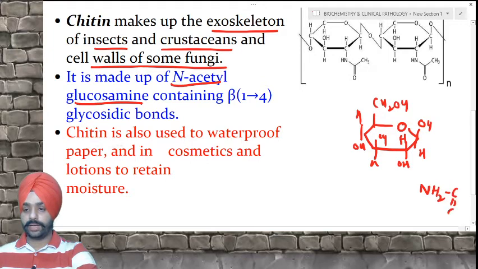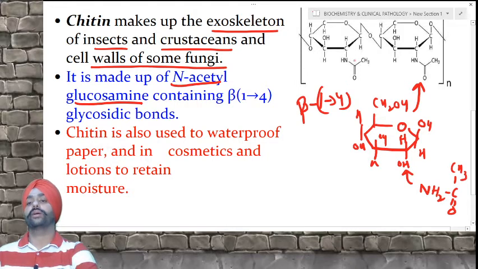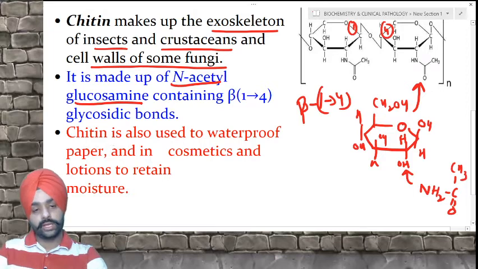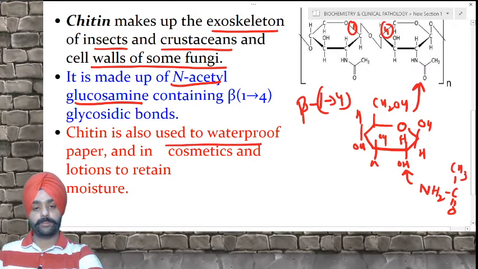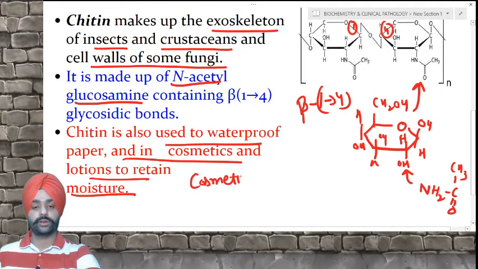An N-acetyl amine reacts here to form N-acetyl glucosamine, and for the formation of chitin there must be a beta 1,4 linkage between N-acetyl glucosamines. See here, this is the first carbon and this is the fourth carbon. Chitin is also used to waterproof paper and in cosmetic lotions to retain moisture. So, this is used mainly in the cosmetic industry.